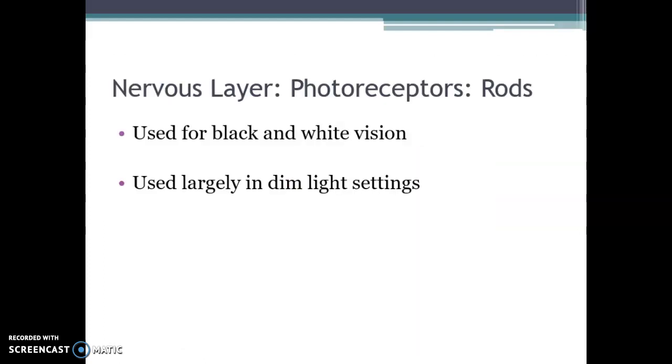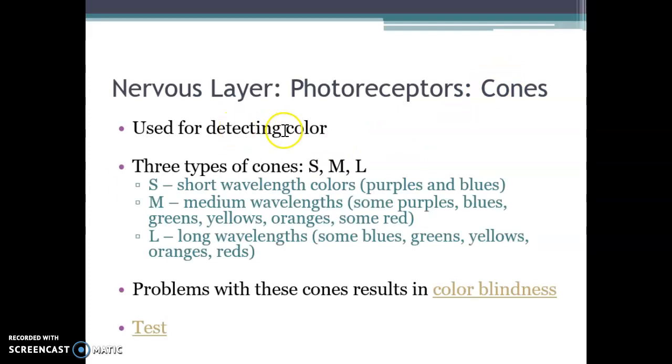They do different things. Rods are used for black and white vision, and they are our primary sense of detection when we are in dimly lit settings, because there's not a lot of light, and if there's not a lot of light, there's not going to be a lot of color, so we tend to use rods. Cones, on the other hand, are used for detecting color.